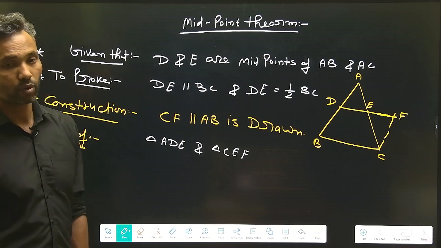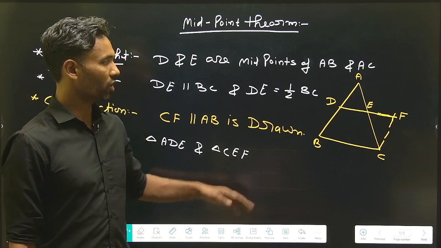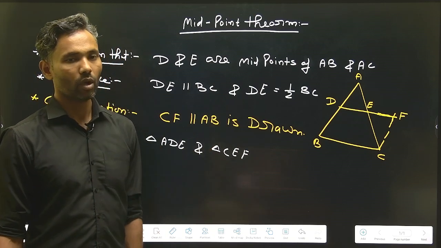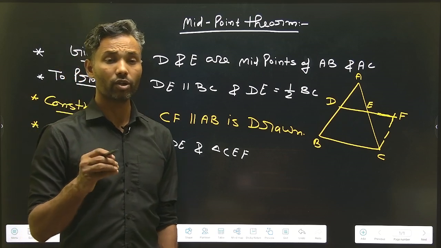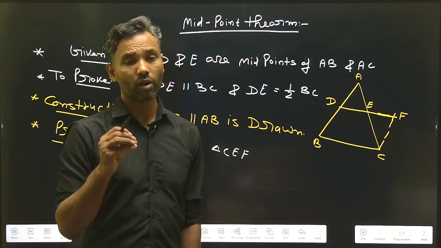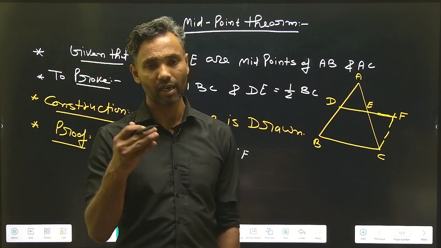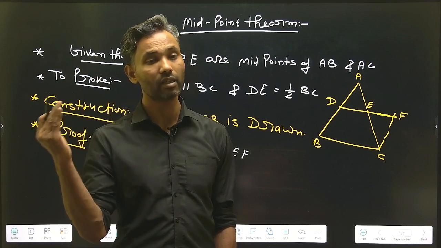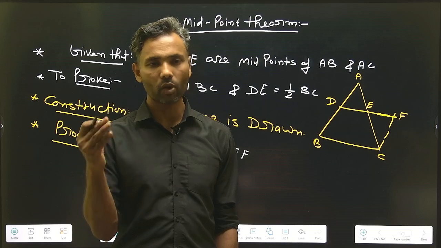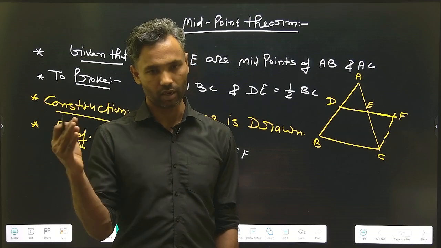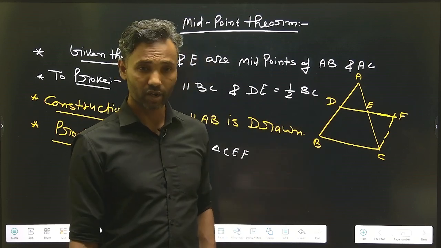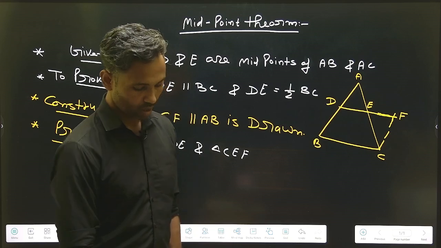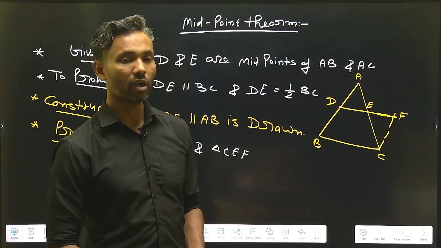We have to apply congruency on these two given triangles. How can we know the conditions of congruency? The conditions are SSS, side angle side, angle side angle, and fourth is RHS. Here the triangles are not right angle triangles, so we can't use RHS. Now we will try to use the other three remaining conditions.